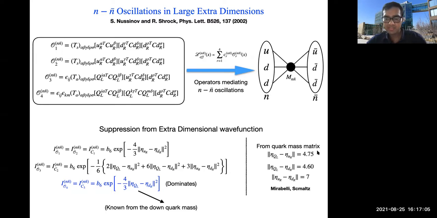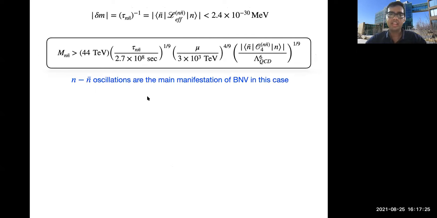So given these values, one can note that the first 3 operators are subdominant and the 4th operator will dominate. And even the distance appearing, namely the distance of quark left to down right, is determined from the down quark mass. Therefore, we know what delta M is. And from the experimental bounds on delta M, we can infer a bound on M n n-bar.